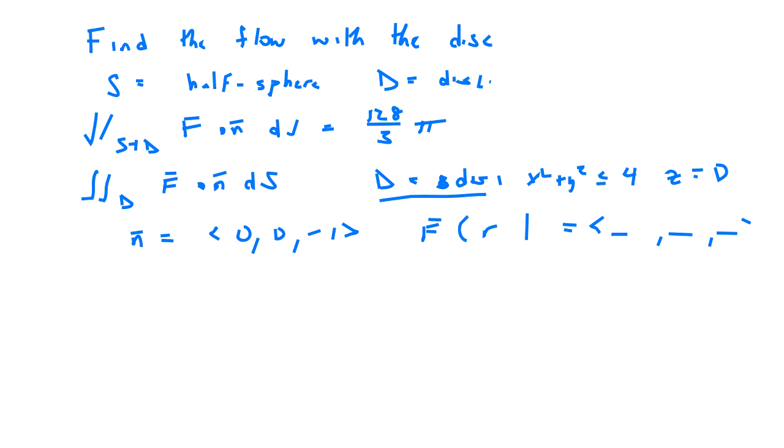So let's go back, and I'm not going to write out the full vector field, but what we had was something, something for z plus 2.